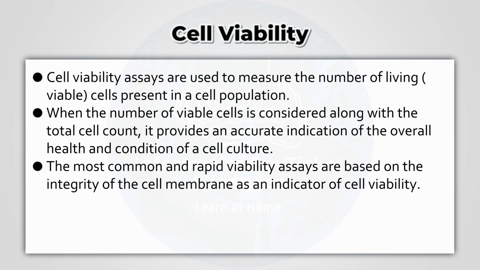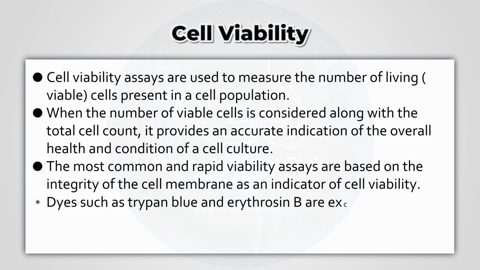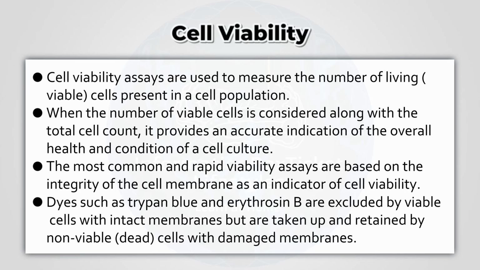The most common and rapid viability assays are based on the integrity of the cell membrane as an indicator of cell viability. Dyes such as trypan blue and erythrosin B are excluded by viable cells with intact membranes, but are taken up and retained by non-viable, dead cells with damaged membranes.